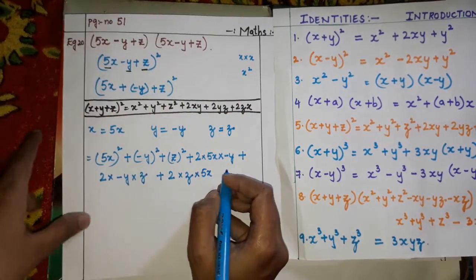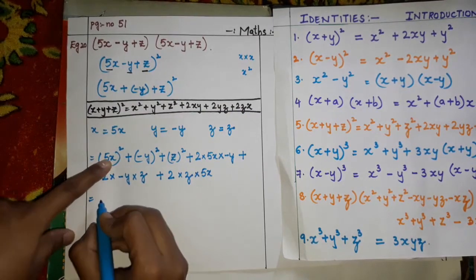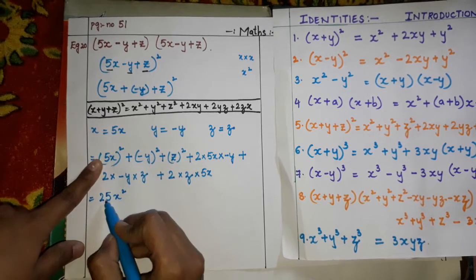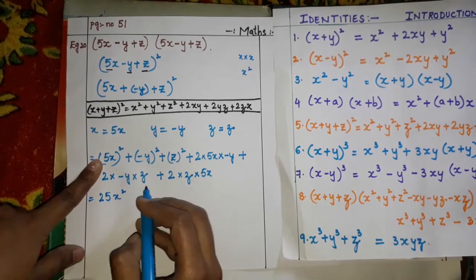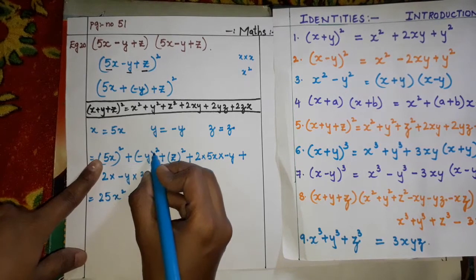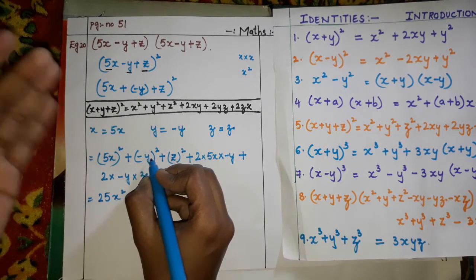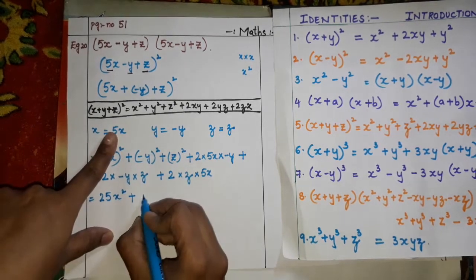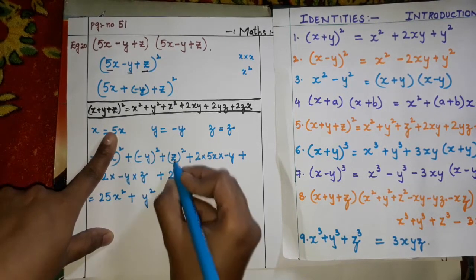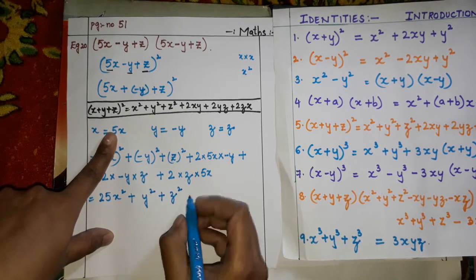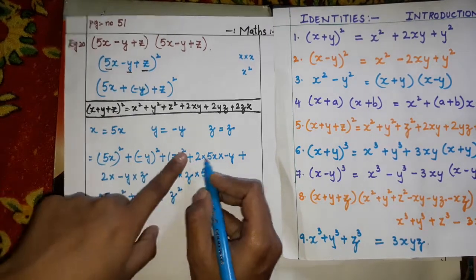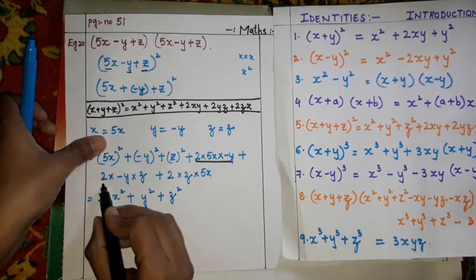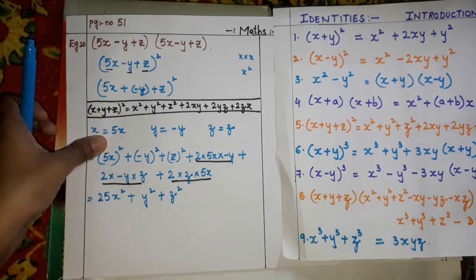Okay, now (5x) whole square is nothing but 25x square, because 5 square is 25, x square is x square itself. Plus (minus y) whole square is what? y itself. Minus into minus is plus, y square itself. Plus z square itself. Now plus into minus, see here, this complete we have to multiply, these all and these all.